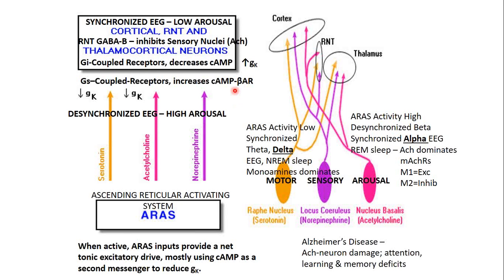What do you know about beta blockers? There's a group of drugs called beta blockers that would block this, wouldn't they? These are beta-adrenergic receptors that would be stimulated. But if we block them, we'd get the opposite. We'd get a decrease in the cyclic AMP, wouldn't we? So we'd get moving from a high arousal awake state to a low arousal awake state as we block these receptors with beta blockers. Now, beta blockers are given when someone has heart conditions, okay?